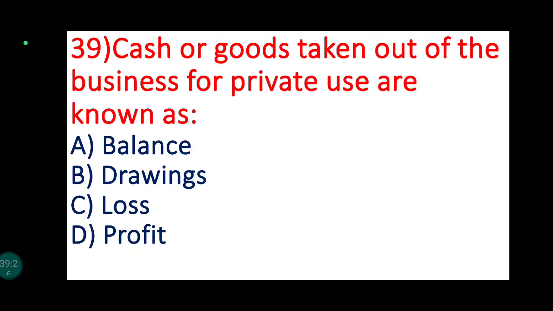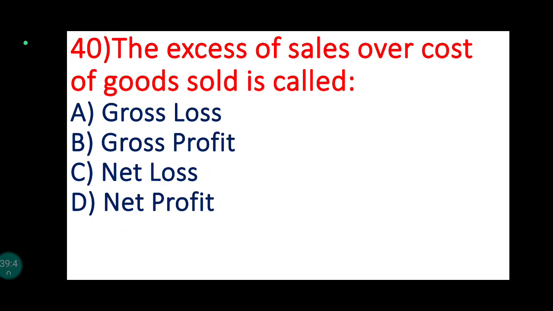39. Cash or goods taken out of the business for private use. So when goods or cash is taken for the private use, it is known as drawing. Answer is drawing. Point number 40. The excess of sales over cost of goods sold.